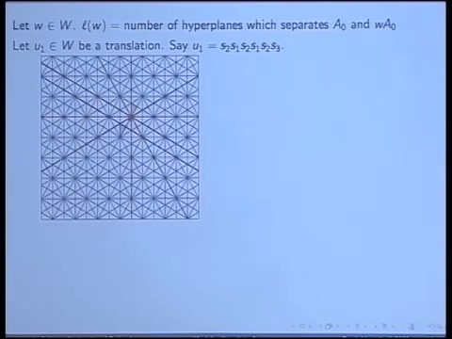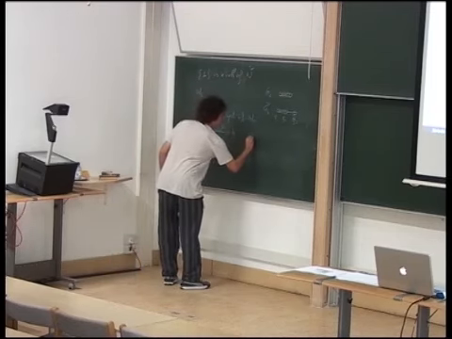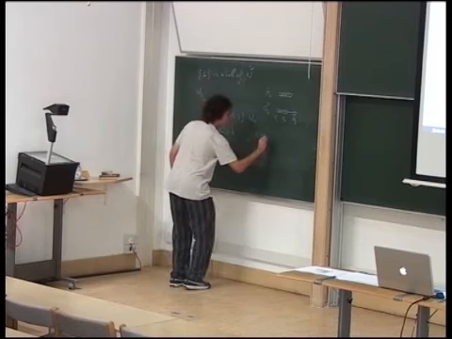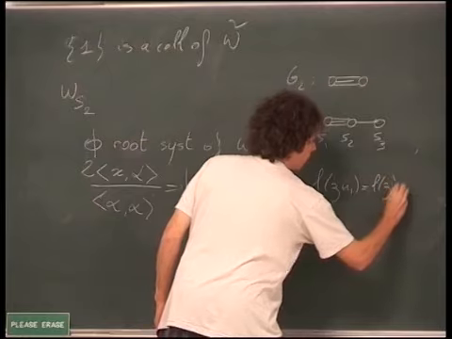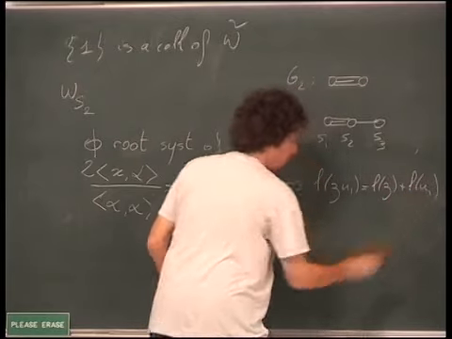So you just cross the ones which separate both of them. Now, I'm looking at all the Z in W such that Z.U1, I should have defined that. I write Z.U1 if and only if the length of ZU1 is equal to the length of Z plus the length of U1.